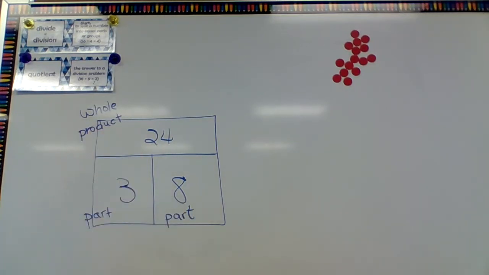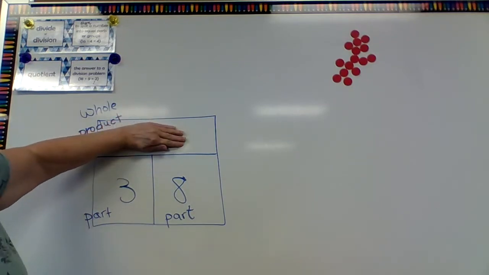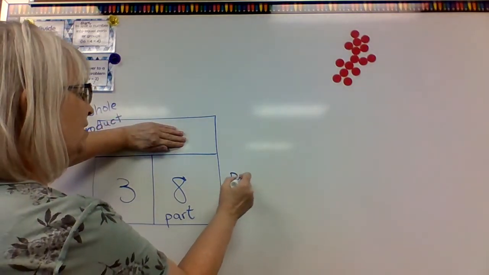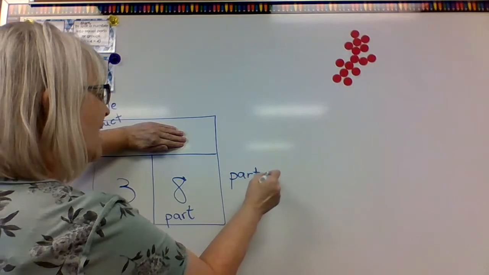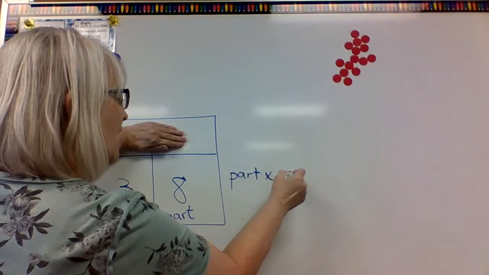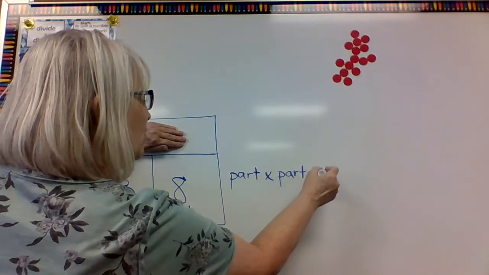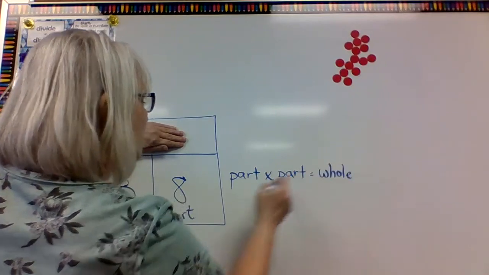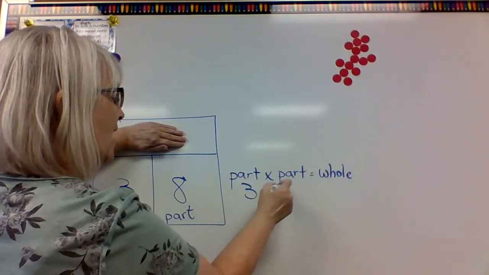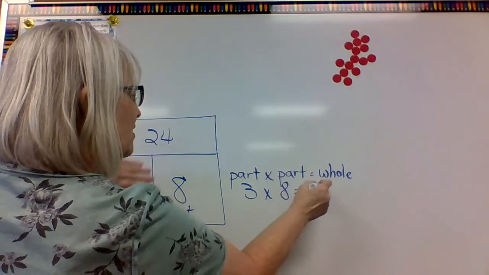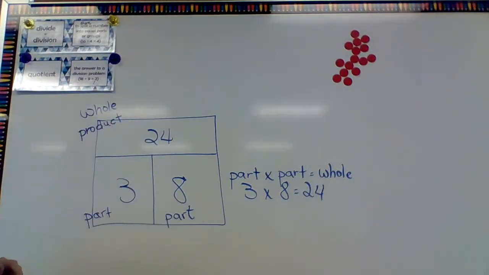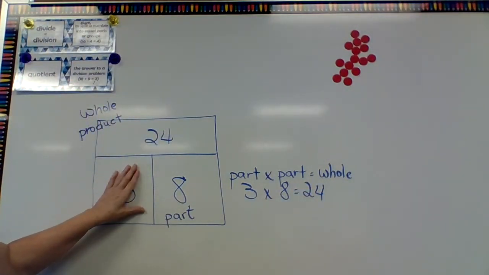Whenever you are missing the whole, it's part times part. You multiply. That will equal the whole. So 3 times 8 is going to equal 24. When you are missing a part, you have to divide.